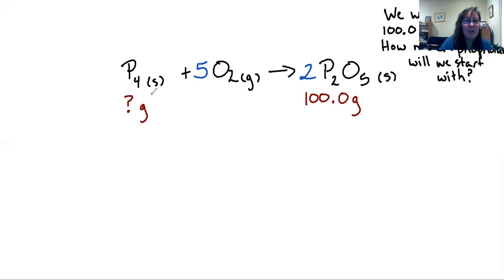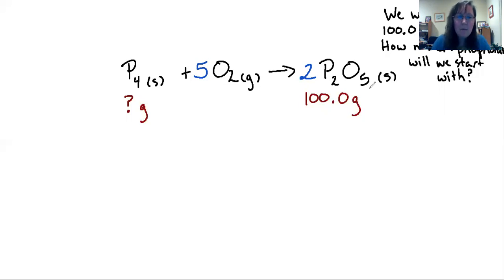Now the next thing I'm going to do is find some molar masses. I'm going to determine a molar mass for P4 and a molar mass for P2O5. I have my handy dandy periodic table here and my calculator. So I say 4 times 30.974. At this point, you've probably done quite a few of these and you can start doing them, so I don't need to show all of them on the board.